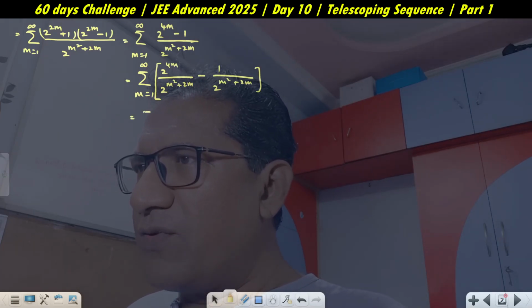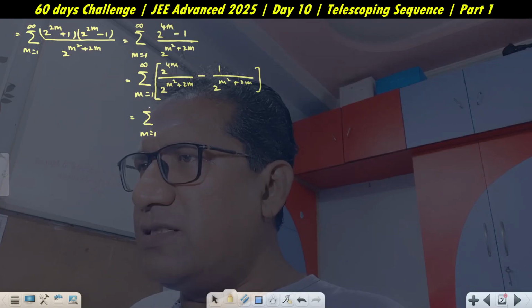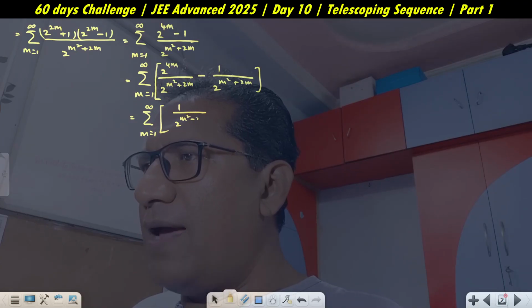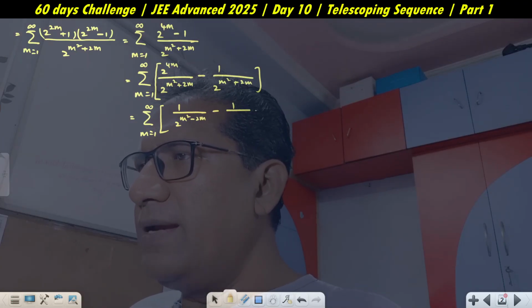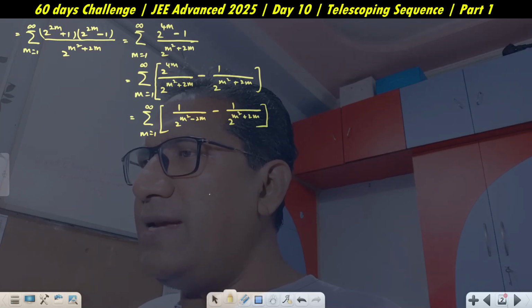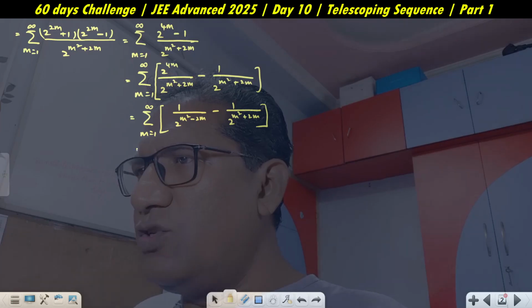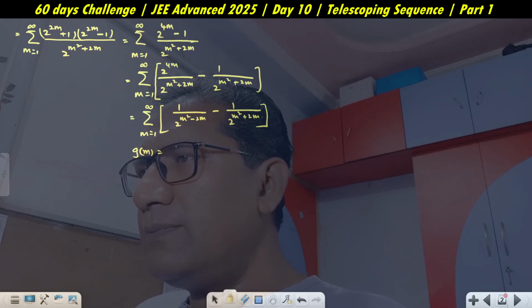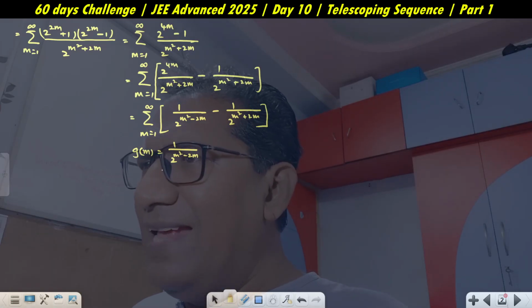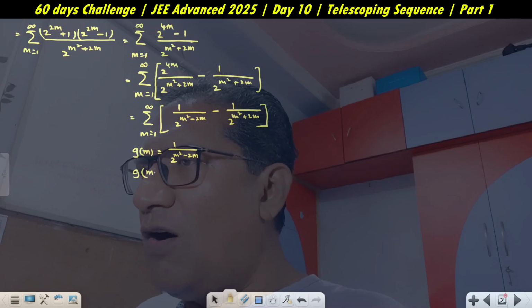So we can write this thing like m is from 1 till infinity, this is 1 over 2 to the power m square minus 2m minus 1 over 2 to the power m square plus 2m, right? Now if I take G(m) to be 1 over 2 to the power m square minus 2m, in this case, what is your G of m plus 2?